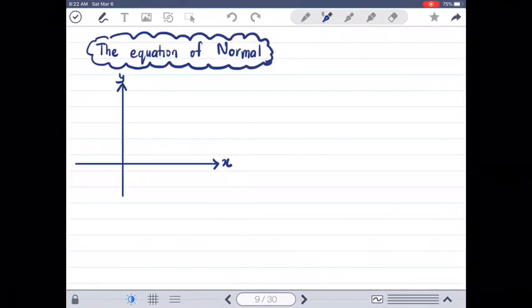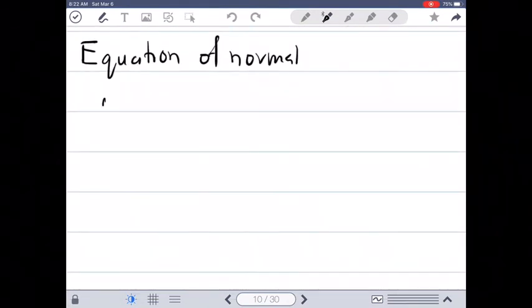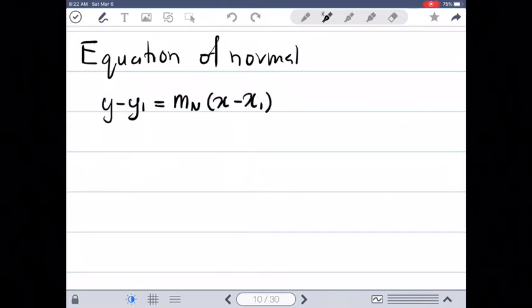Let's have a look at an example. Find the equation of the normal to the curve y equals x to the power of 3 plus 2x squared plus x plus 3. And we know that the formula for the equation of normal is y minus y1 equals mn times (x minus x1).